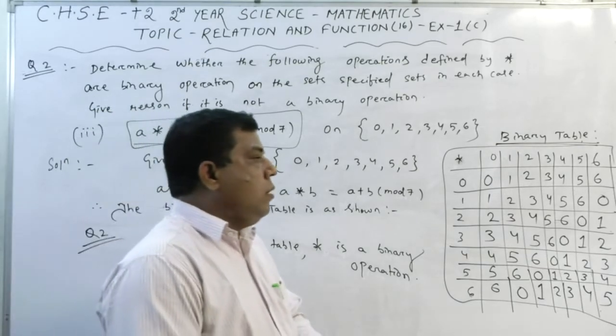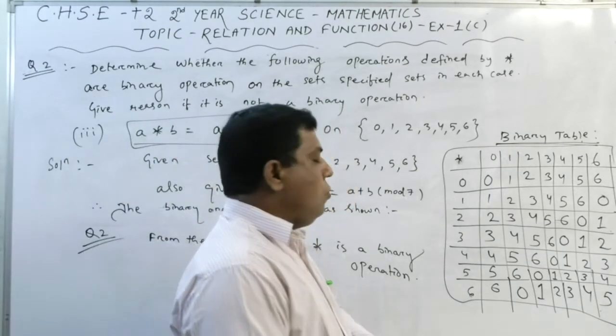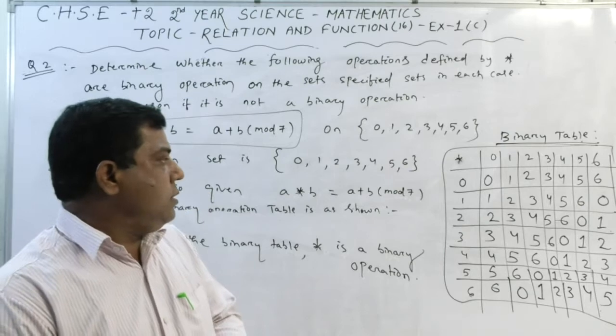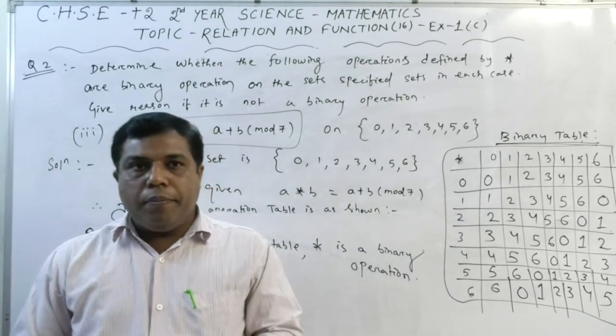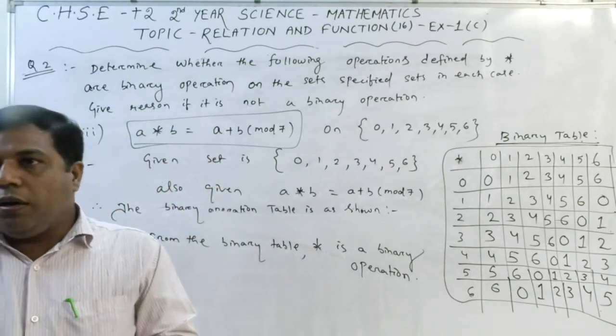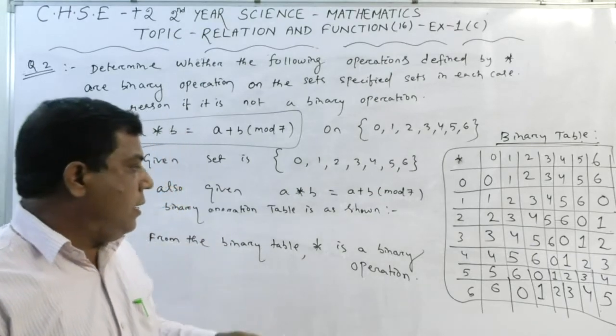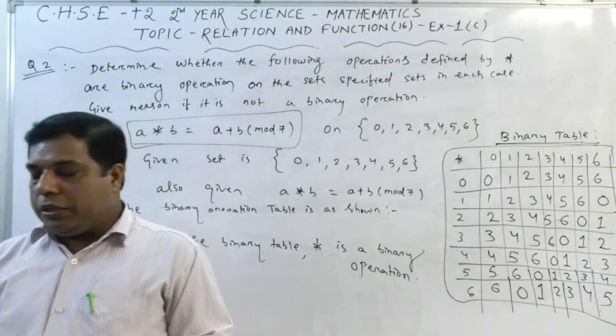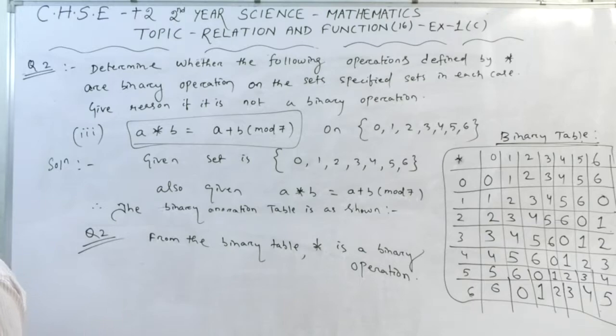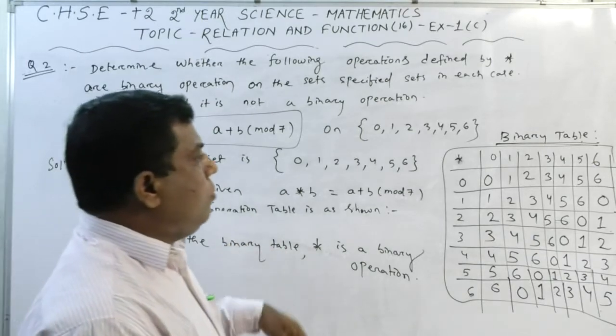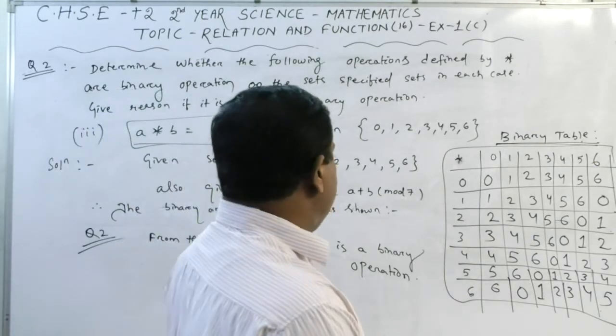Okay, so we will go and check those things. We verified that it is a binary operation. Now you see, is it commutative or not, that we have to show.